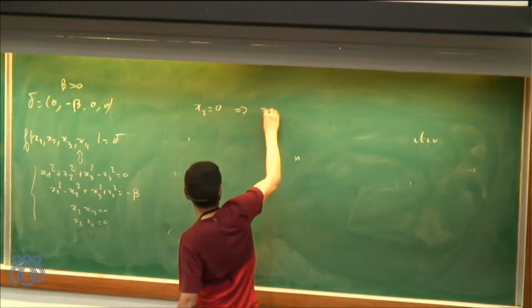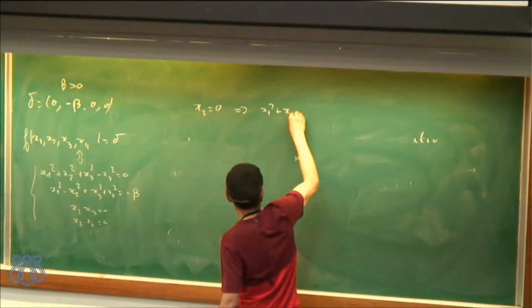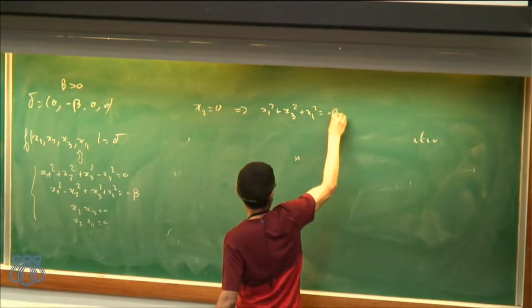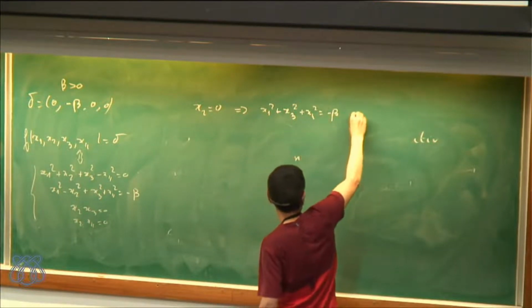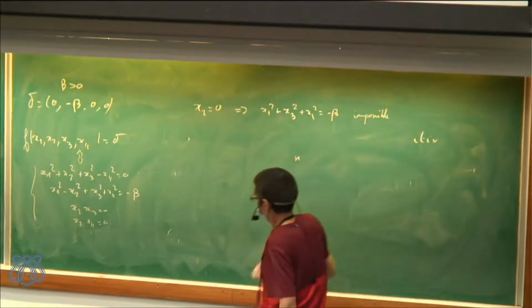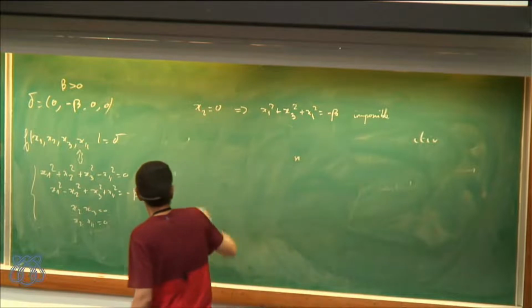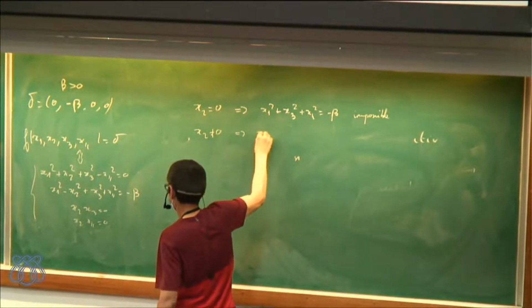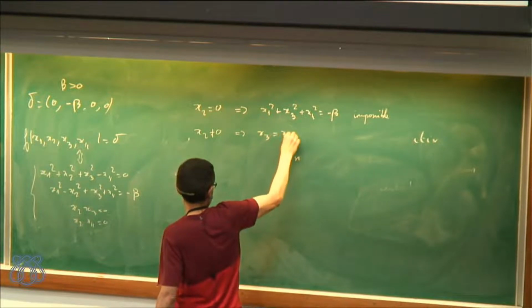Then x1 square plus x3 square plus x4 square is minus beta. This is impossible. And if x2 is not 0, then x3 and x4 are 0.